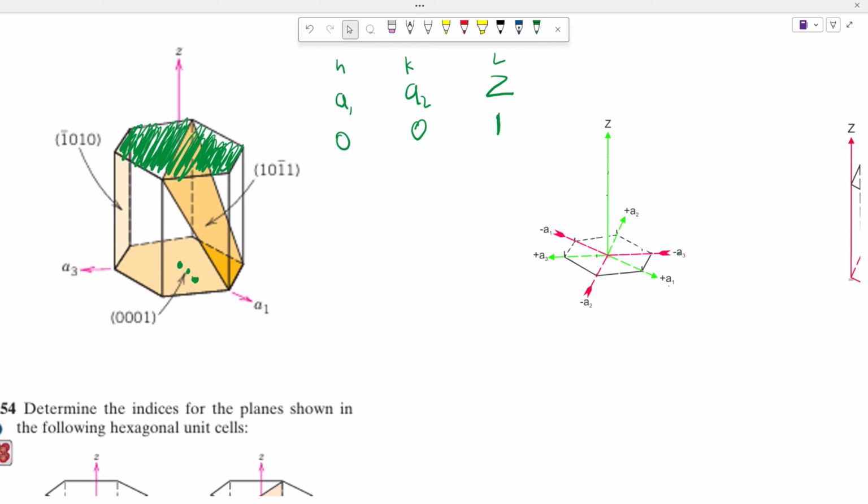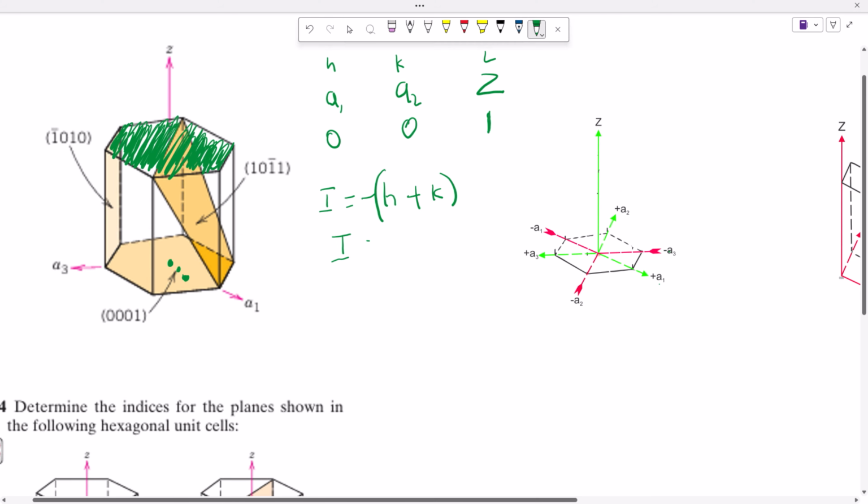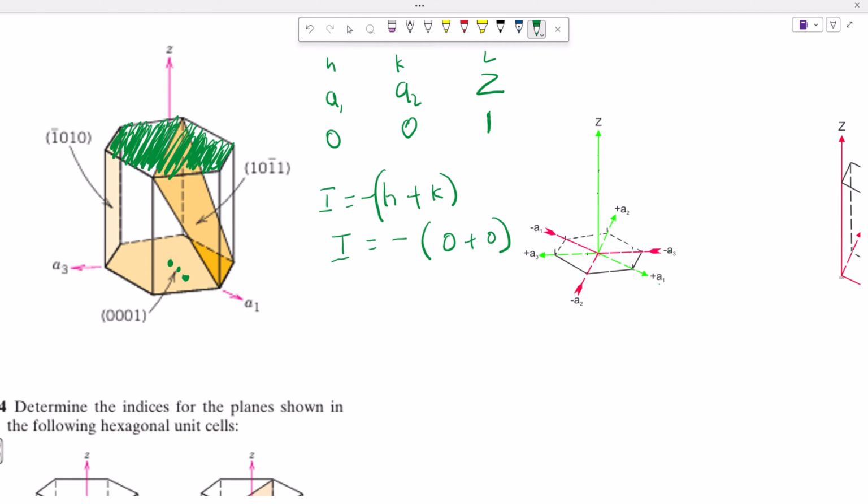Remember, I said our I, which is the unknown, is equal to negative open bracket H plus K. So here, our I is equal to minus, our H is 0 and our K is also 0, which is I is equal to 0. Therefore, our HKIL, or our indices, is going to be 0, 0, 0, 1. As you can see, we got it as stated there.